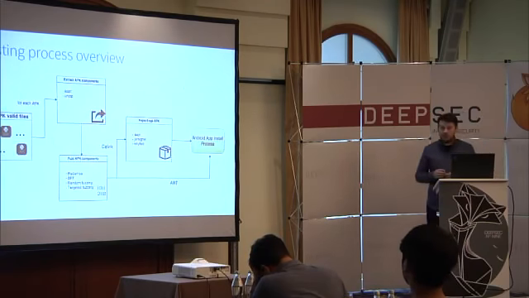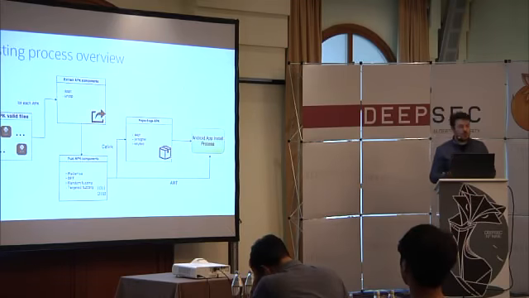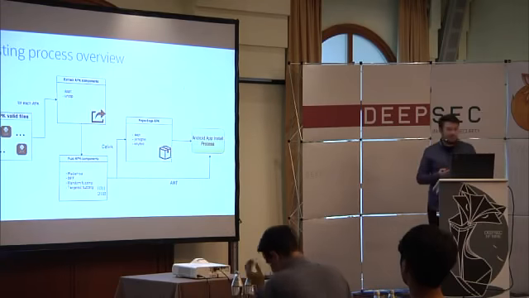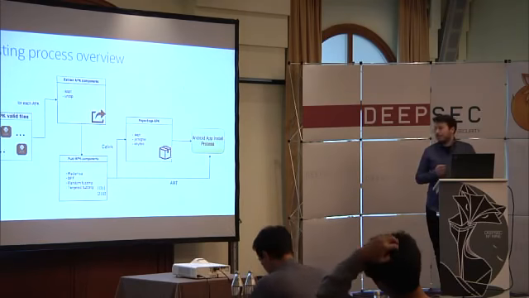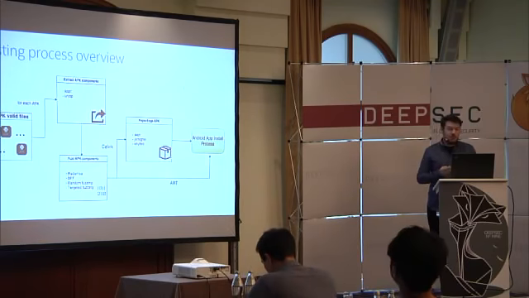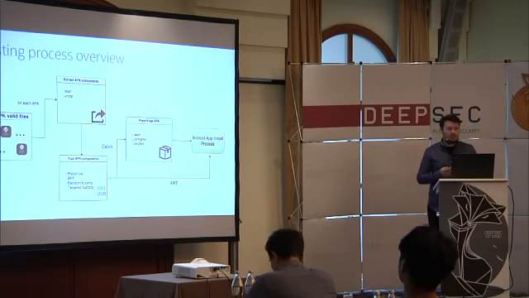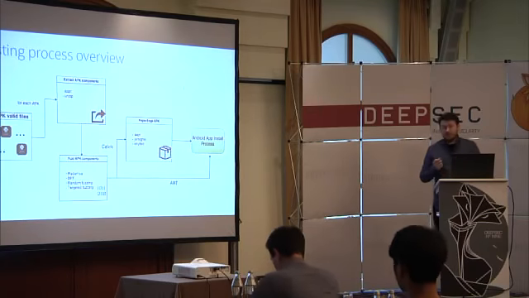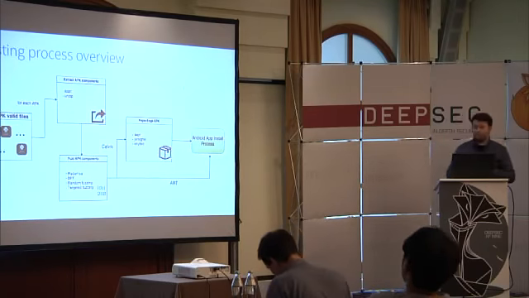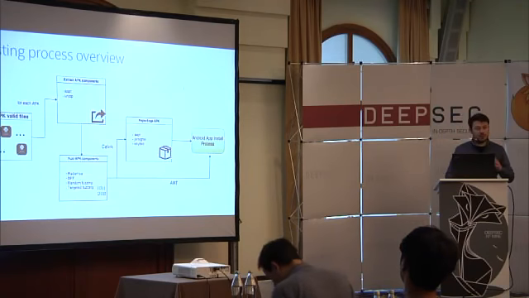This would be the testing process overview. This is also a mutational fuzzing process. We have large amounts of initial valid APK files. An APK is actually the application file that contains the Java code and the native library code. So we have the initial valid APK files, and for each APK we unzip it.